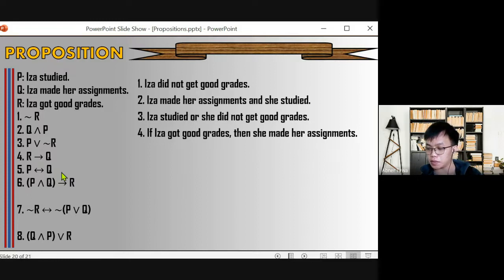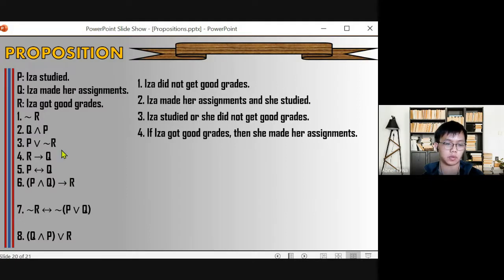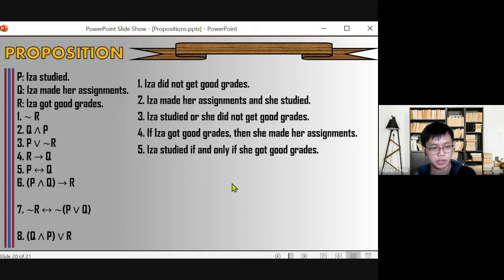Help Mr. Felix. "Isa studied only if she made her assignment." Okay, so it's not "only if," but "if and only if." Do we agree? So thank you. We have here number 5: Isa studied if and only if she got good grades. So that is for number 5.